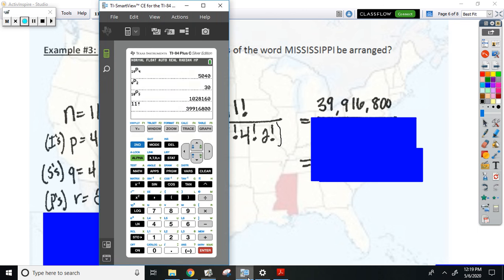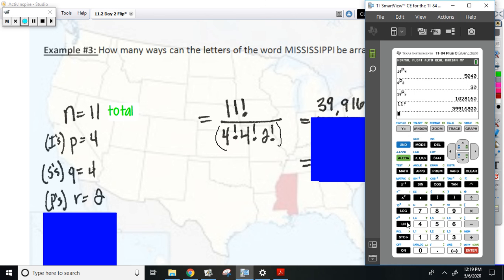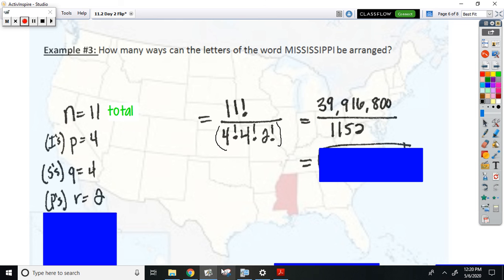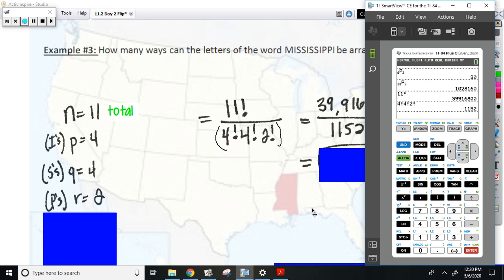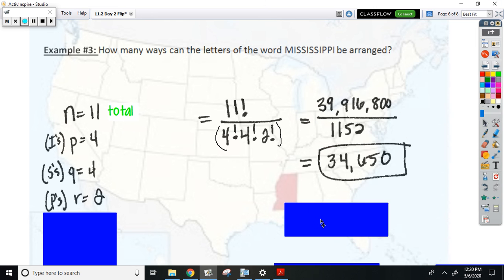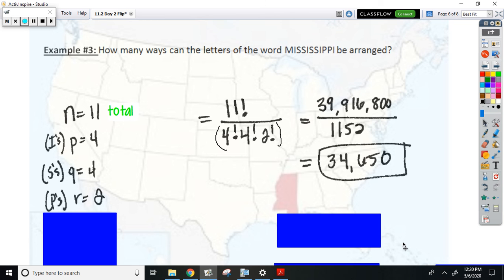In the bottom, be sure that you don't write 4 times 4 times 2. It's 4 factorial times 4 factorial times 2 factorial. You do not need times signs in between here. We'll get 1,152. I would then divide those numbers and get my 34,650.